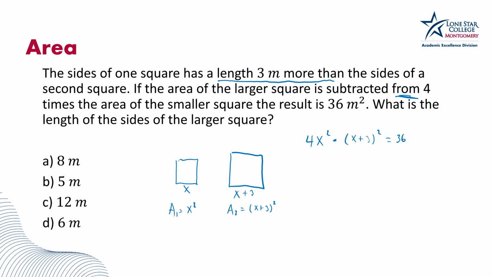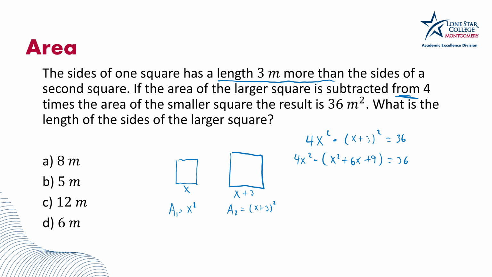Now that we have our equation, we can solve this. First, we need to expand x plus 3 squared, which is like saying x plus 3 times x plus 3. If you FOILed, you would get 4x squared minus, in parentheses, x squared plus 3x plus another 3x, which gives us 6x, and then 3 times 3 gives us 9, equals 36.